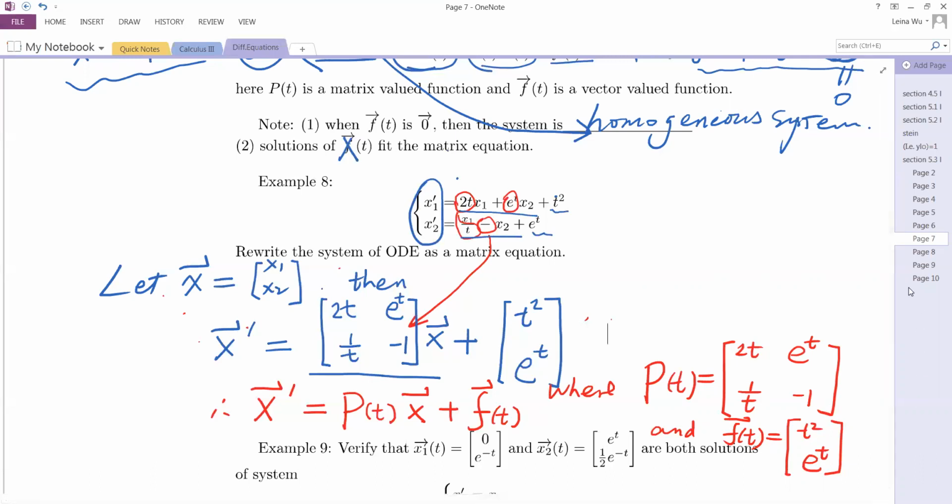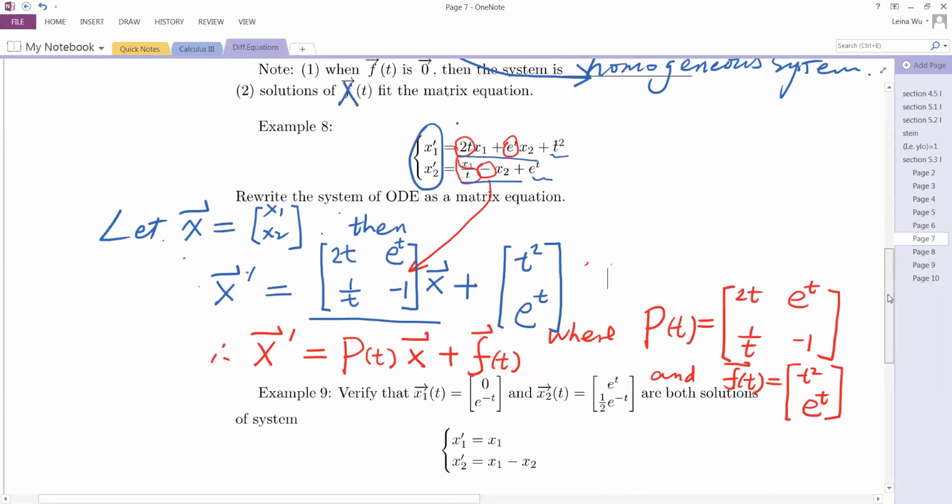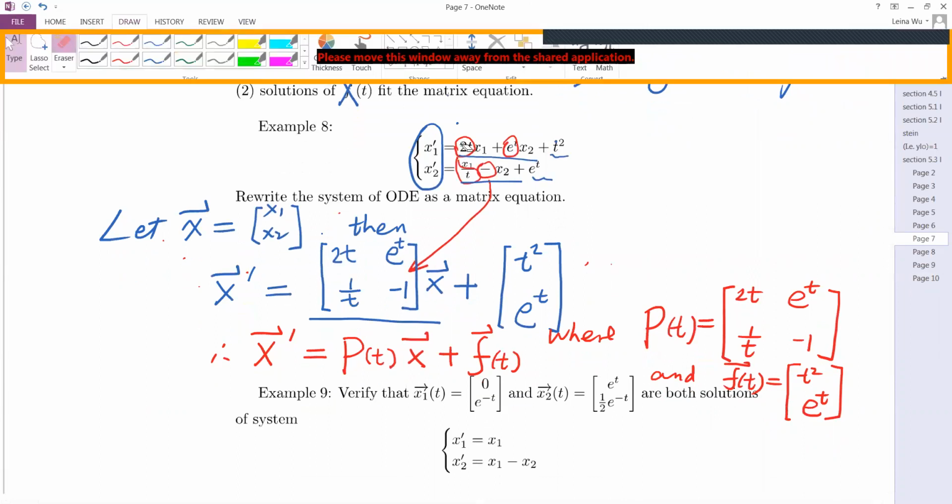Everything's good? I don't really understand how we're able to split the P(t) from the f(t) from the equation above. I don't really get why we can do that. Okay, let me see. Martin, first of all, let's see if I can erase these.